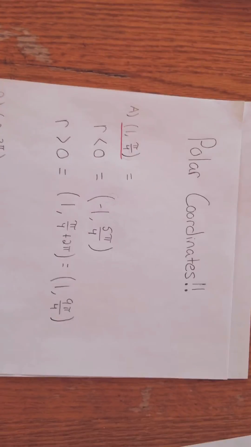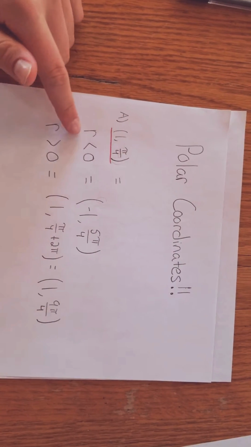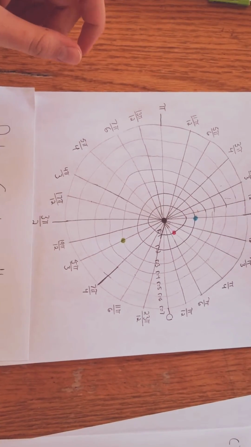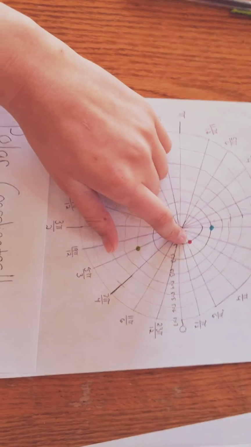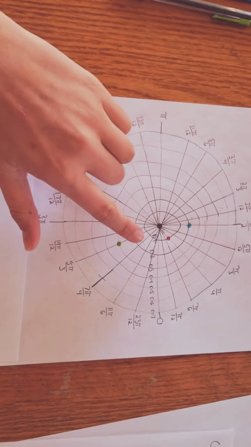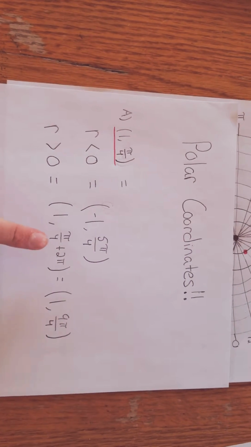So now we have to find 2 other points that are equal to this point. For where r is less than 0, we're going to take our graph. We're going to go to the opposite of pi over 4, and then we're going to make it a negative radius to give us -1, 5 pi over 4.